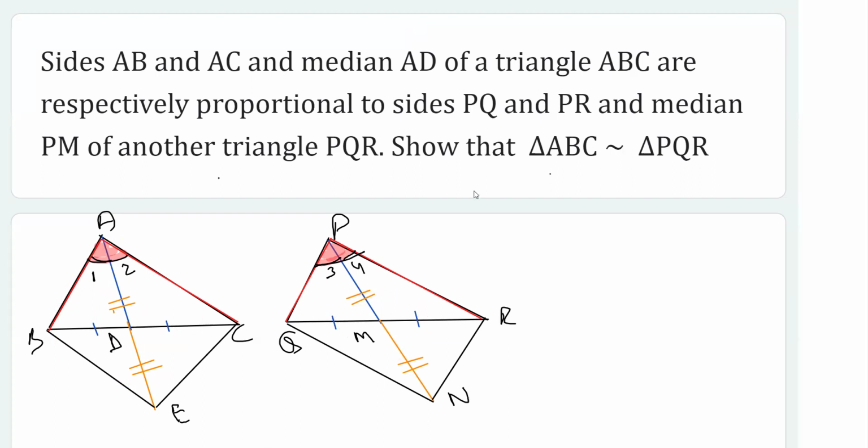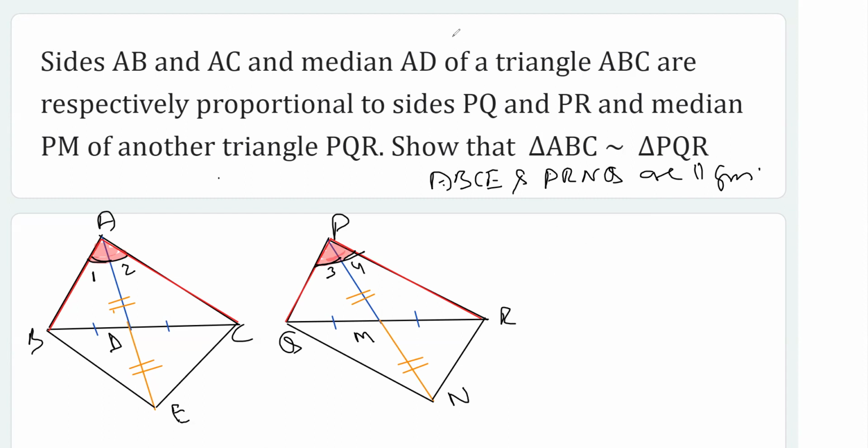So the first thing that we proved here is that this is parallelogram ABEC, and this is parallelogram PQNR. The reason you have to write here is that the diagonals bisect each other.